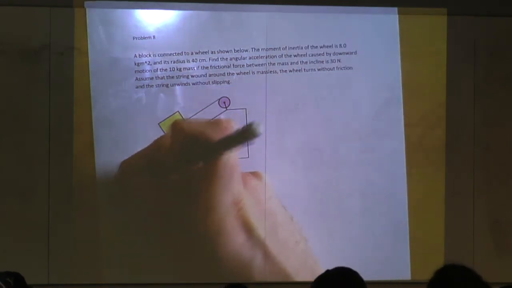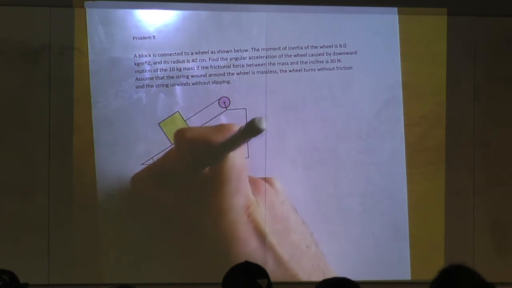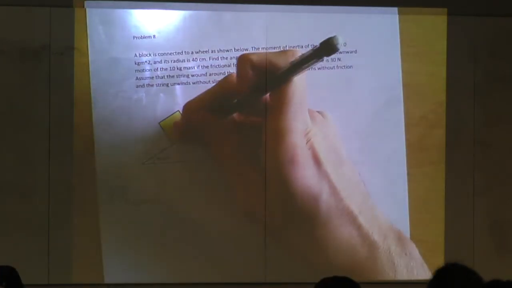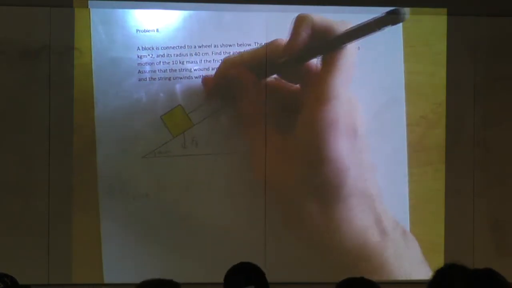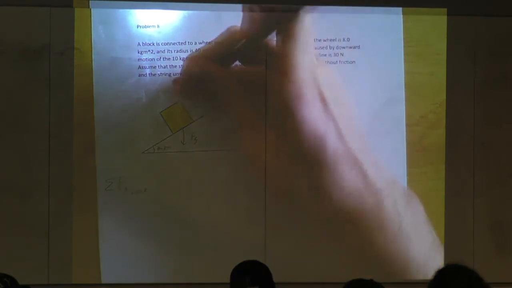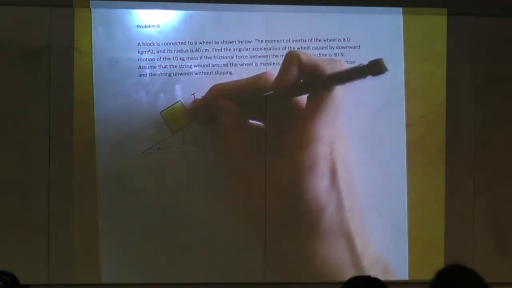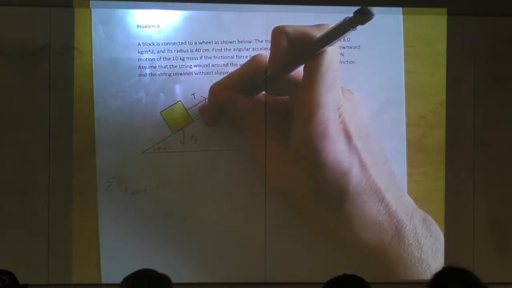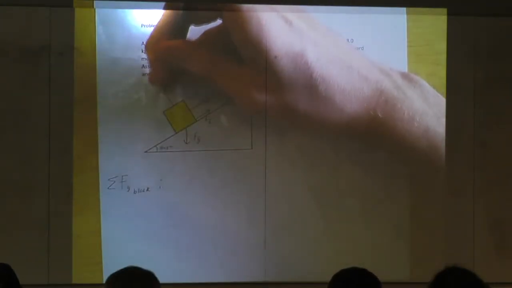So if I do sum of forces in y for that block, we know we have gravity coming down. We have tension going up. We have friction. We've got a normal force.